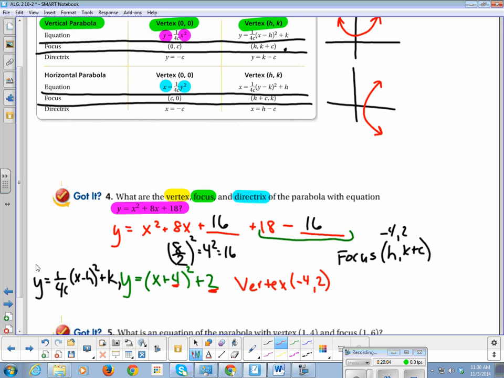I do know that 1/4c is equal to 1. When there's no number in front of the parentheses, it's equal to 1.